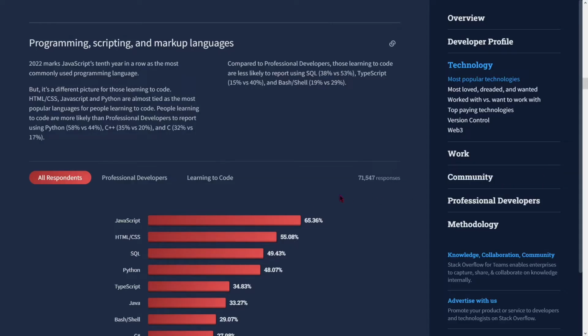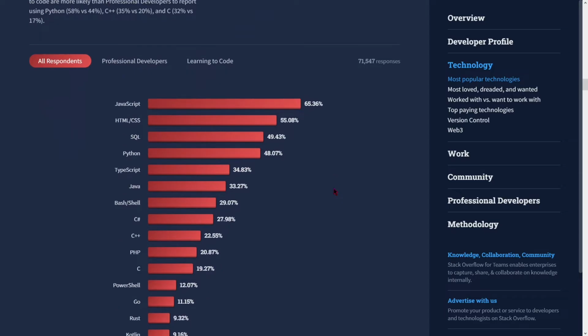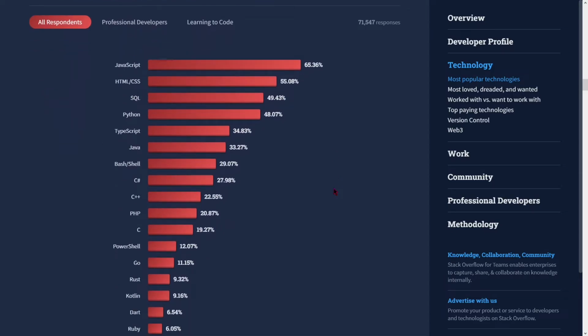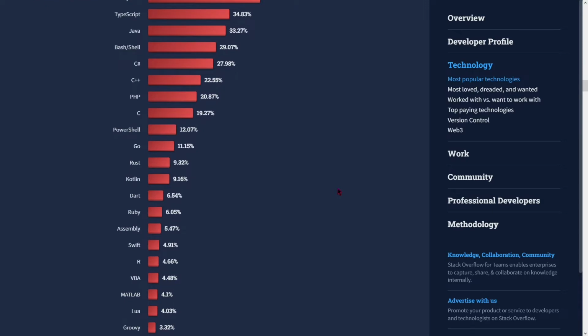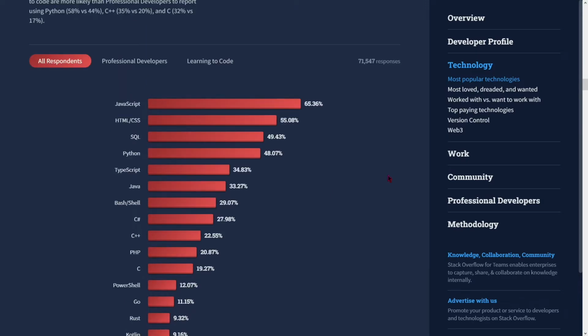We are in the most popular technologies in the Stack Overflow survey. We have here a table with a lot of results with the most used programming languages. In the first two places, we have JavaScript and HTML and CSS.